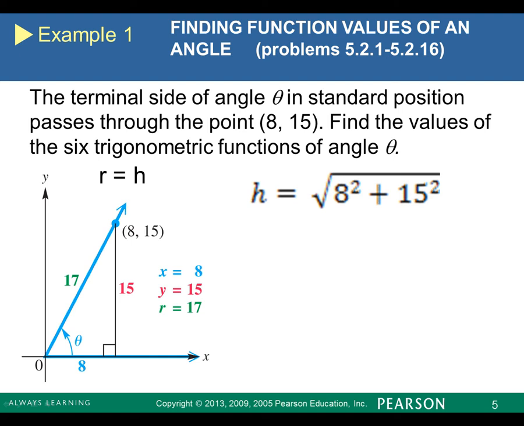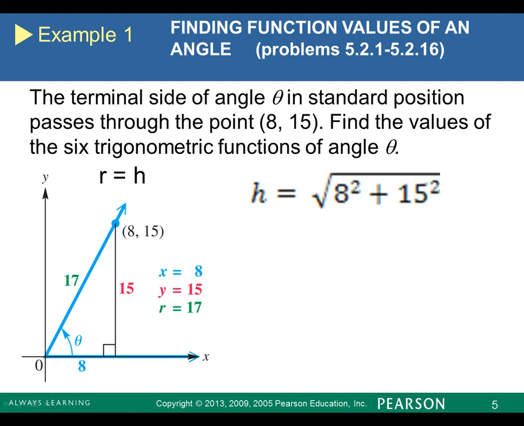The x coordinate is 8. The y coordinate is 15. Well, we need to find the hypotenuse, also known as the radius. We talk about radius when we're talking about the unit circle. We talk about hypotenuse when we're talking about triangles. So in this case, radius and hypotenuse are synonymous with each other.